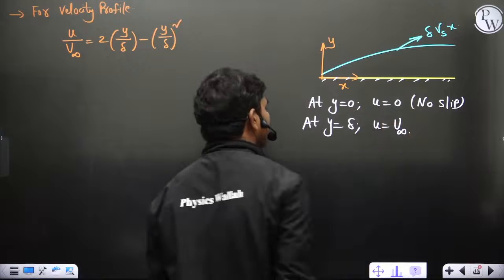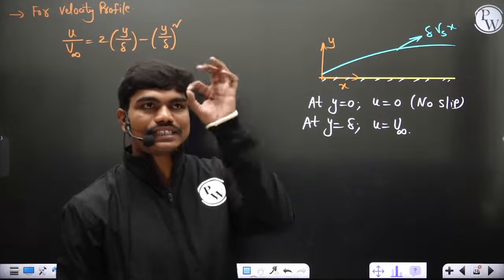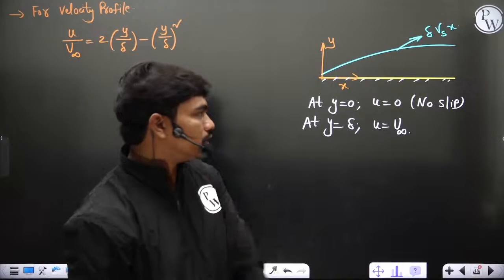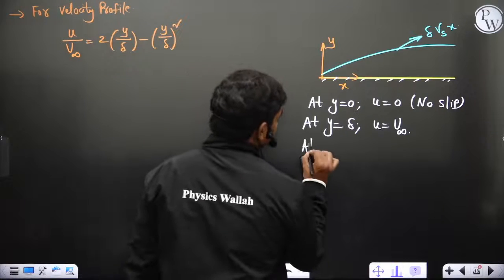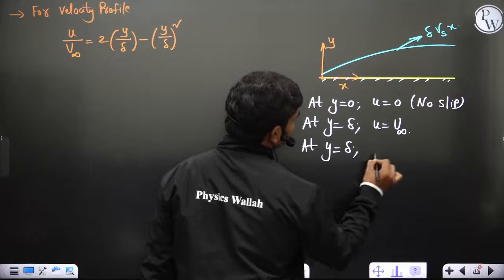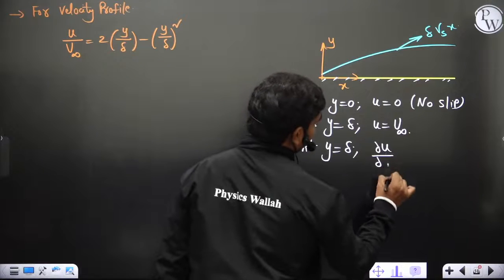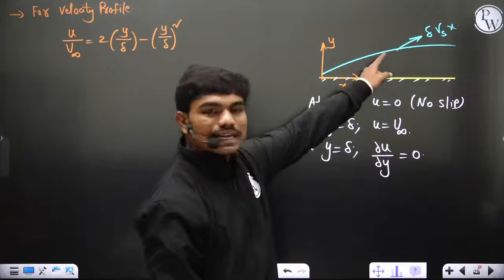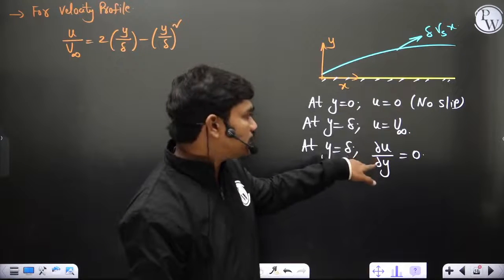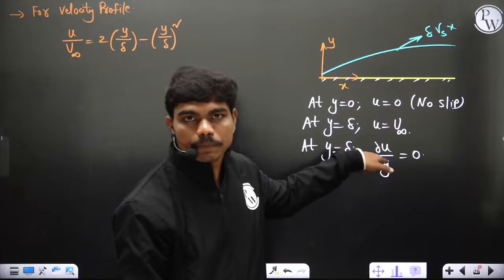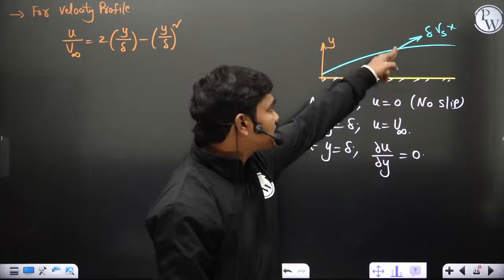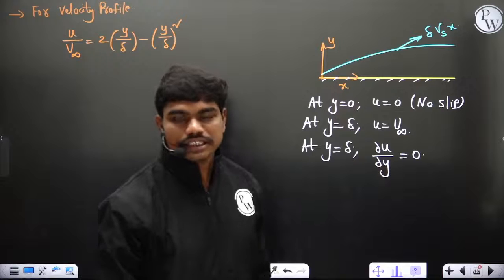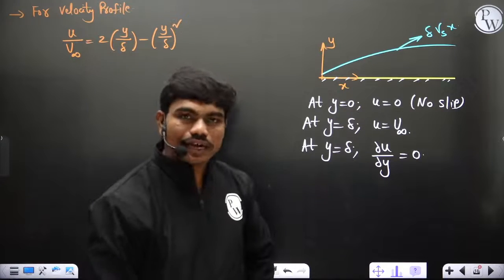We can write u infinity because delta is the location where we reach it with very small error, only 1 to 2% difference. At y equal to delta, you can also have dou u by dou y equal to 0, because at this point u is the maximum velocity, and at maximum velocity the first derivative with respect to y has to be 0. So these are the three boundary conditions which you generally have in common.